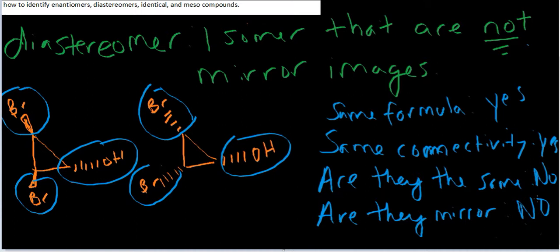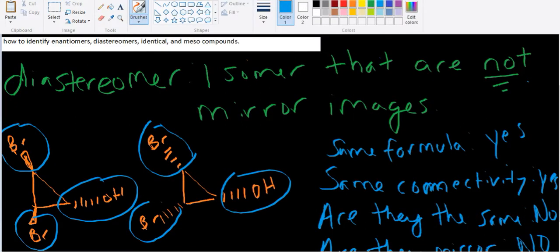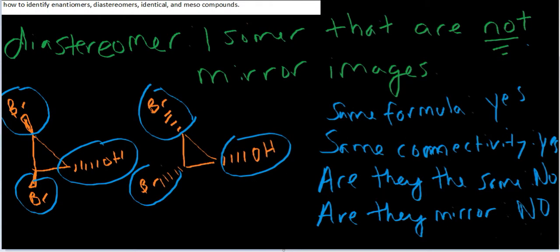If you draw a mirror down the center of both molecules, try to envision this: if you put your hand up to the mirror, you'll basically have your other hand in the mirror. Just think about that when you're looking at these molecules. Both of these molecules aren't mirror images of each other.